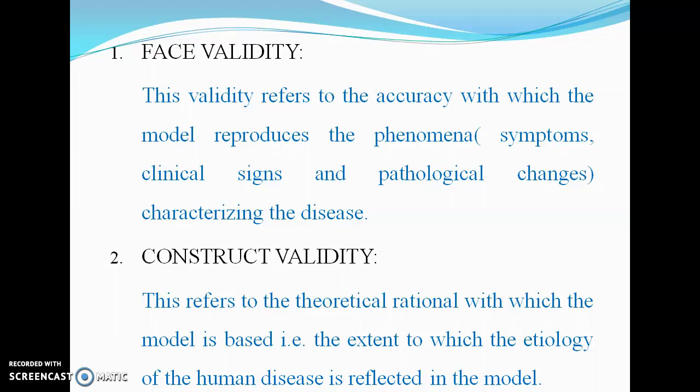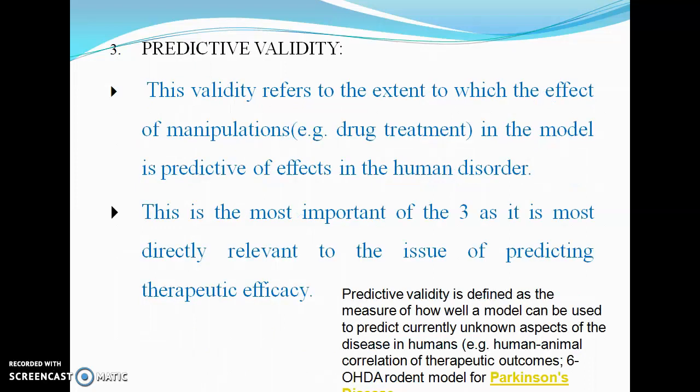While keeping the animal in such an etiological environment, what are the factors that produce the disease, whether such phenomena have been implemented and whether the etiological reason is a reason for disease in the animal, will be answered by construct validity by checking the etiological aspects of the human disease.